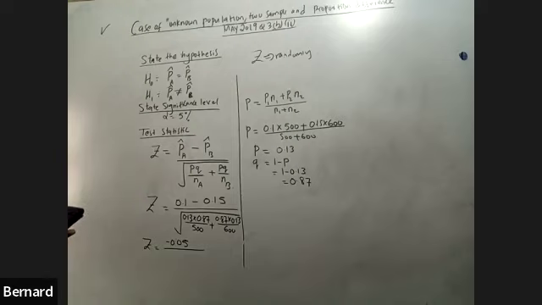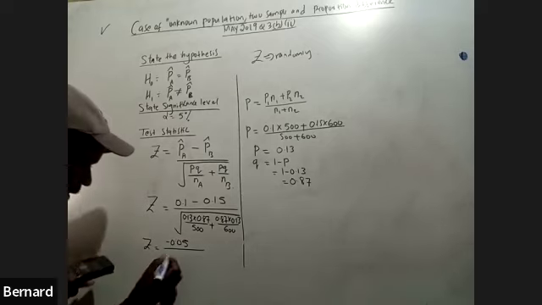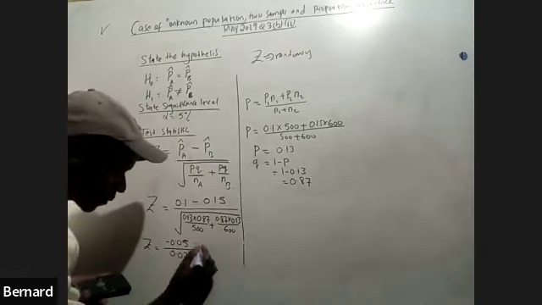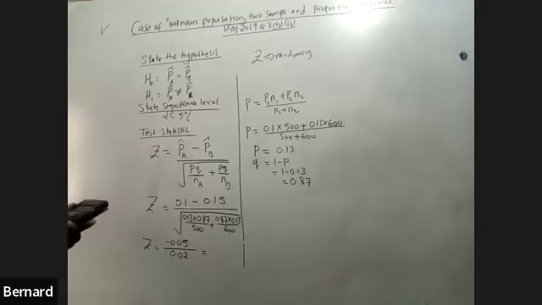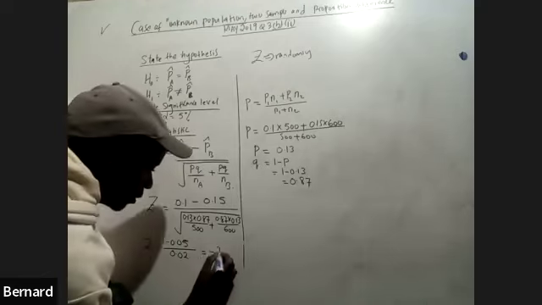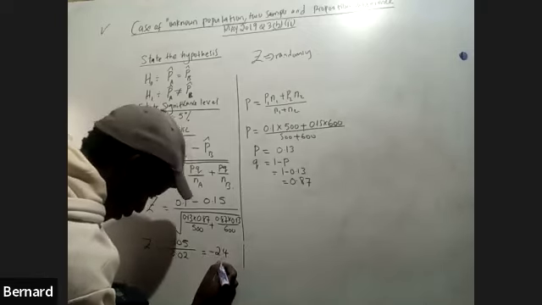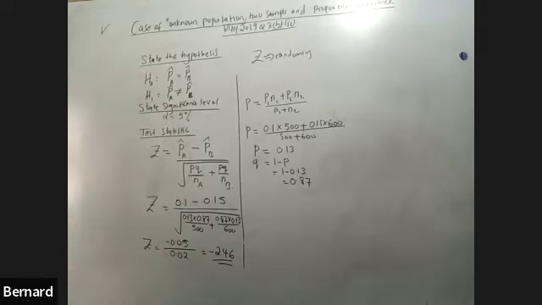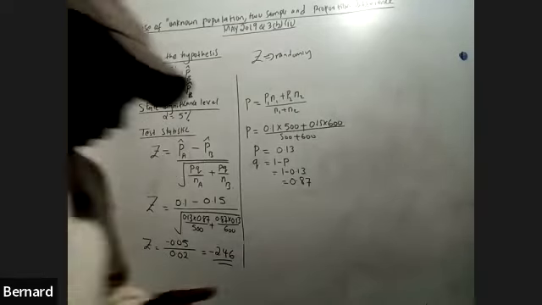Then the square root. I get 0.02. So minus 0.05 divided by the answer. I get minus 2.46. So once you have done that, you go next.